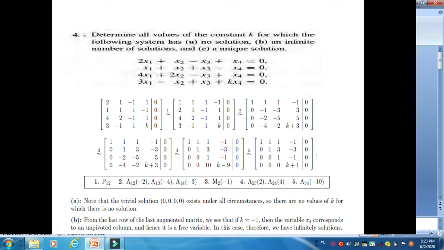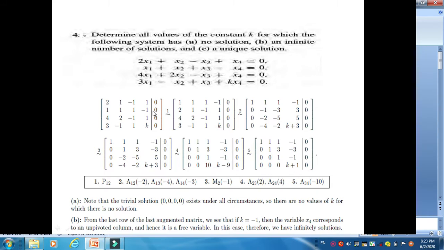What is required in that question? Here in the question, determine all values of the constant k. So where is k? k is in the last row. Right? So first we convert that matrix into ref by using elementary row operations.